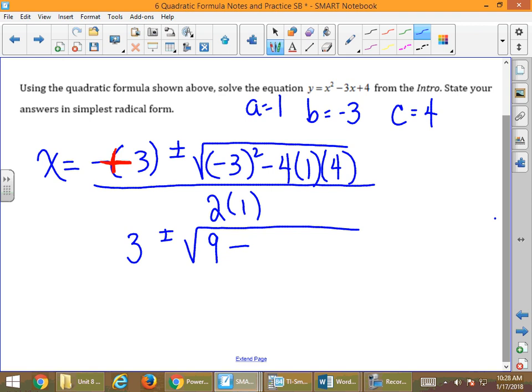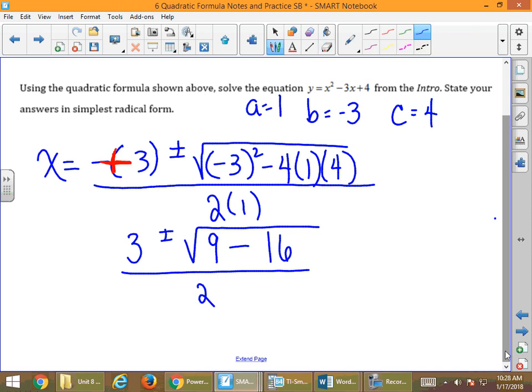And that's where the parentheses come into play. If you don't put the -3 in parentheses and then square it in your calculator, it's not going to give you the correct answer. Squared means times itself. -3 times -3. 9 minus 4 times 1 times 4. 16. Divided by 2.